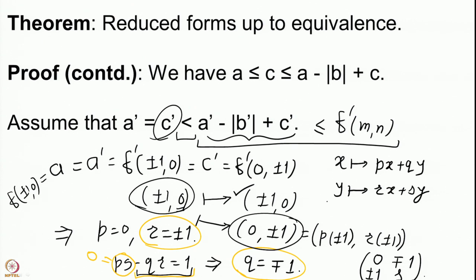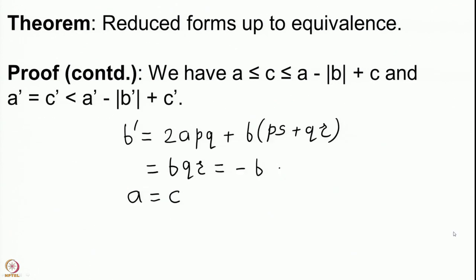This is going to take also C, this is also going to take the pair 0 comma plus minus 1 to plus minus 1 comma 0. So, this transformation will take A to C prime and A prime to C. So, we get that all these 4 are the same, which implies that both B and B prime have to be bigger than or equal to 0.